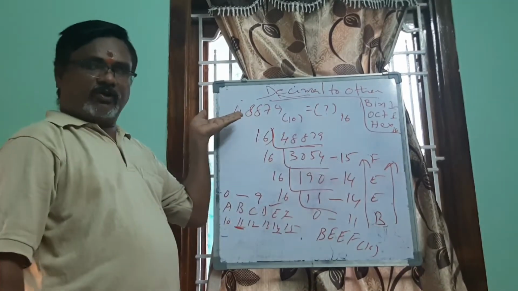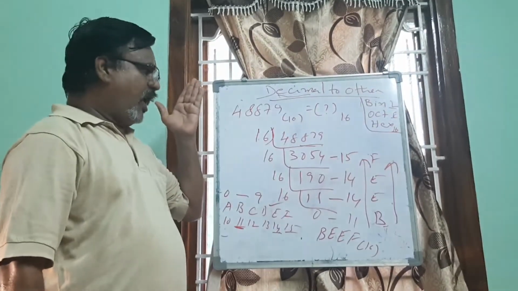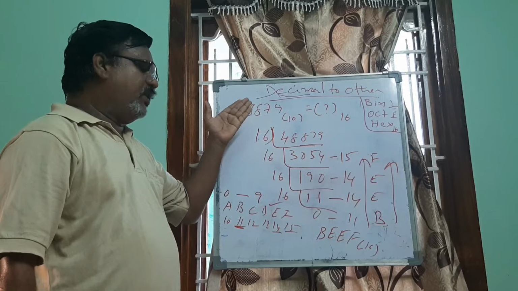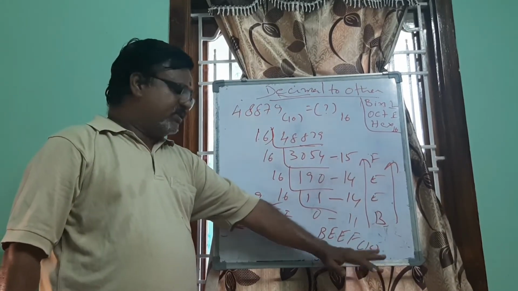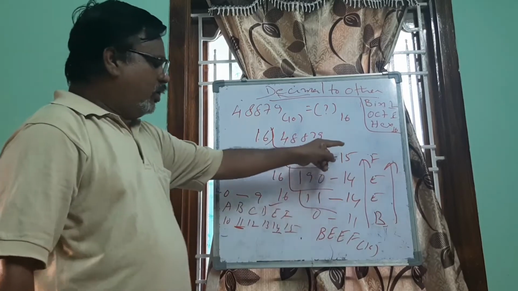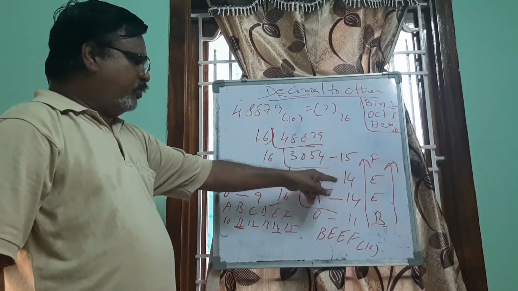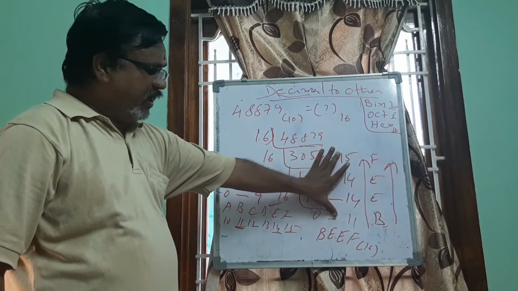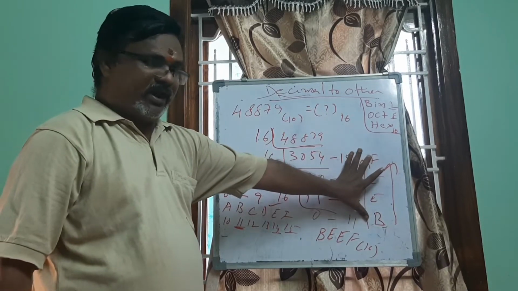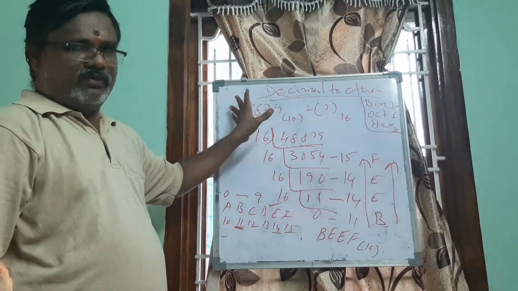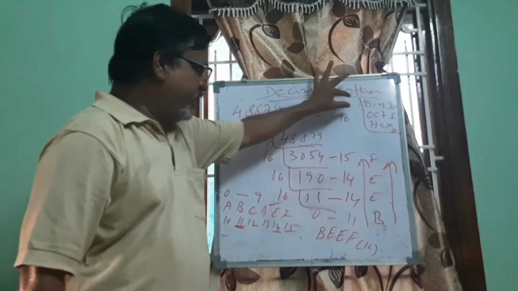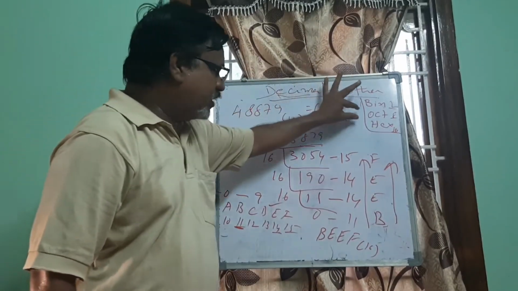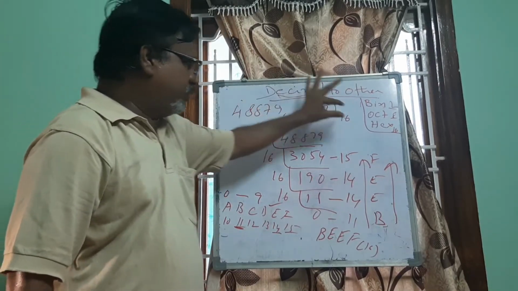So 48,879, after you convert that into the equivalent hexadecimal, you will get BEEF base 16. This is the equivalent hexadecimal number. To tell you about converting these remainders into equivalent alphabetical digits, I have taken this as an example. So with this, we have seen converting a decimal number to binary, to octal, and to hexadecimal.